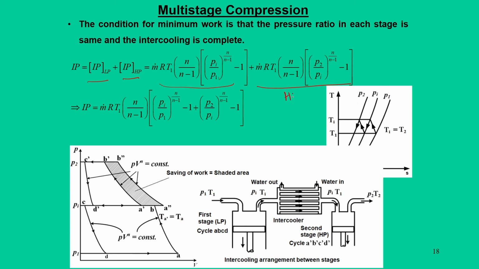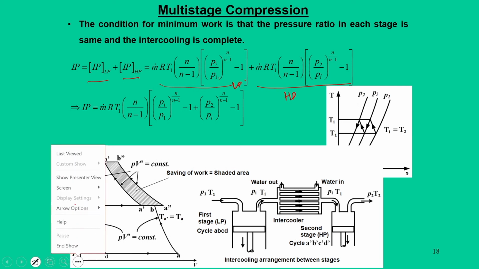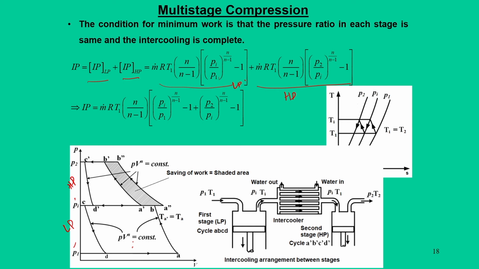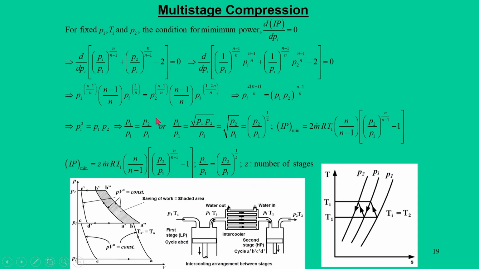So, we say this is HP and this is LP, and it goes from P1 to Pi, and again from Pi to P2. P1 to Pi is your LP stage, and Pi to P2 is your HP stage. And this equation you can simplify in this form, if you dig a little bit into the mathematics.